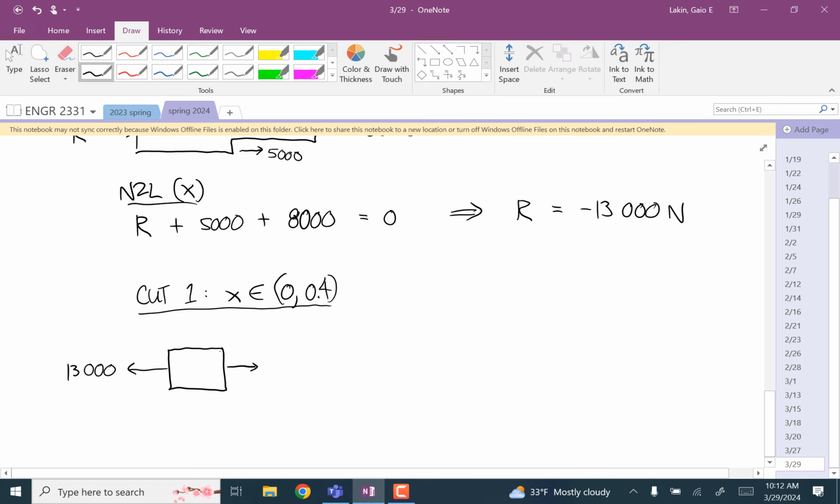And then we have our internal tension. So negative 13,000 plus T is equal to 0, so T is equal to 13,000. And again, you could probably just eyeball and see that.